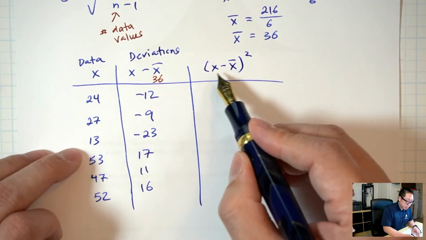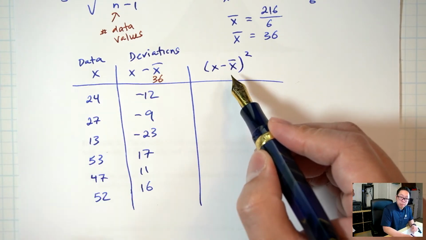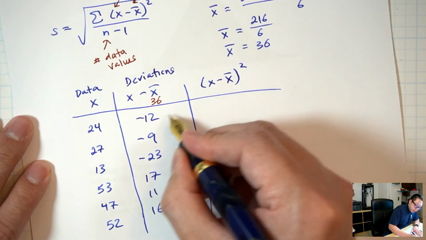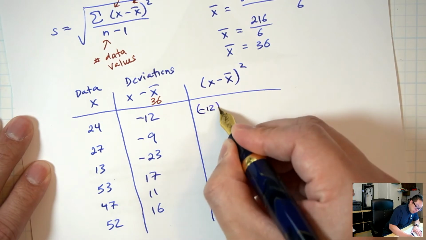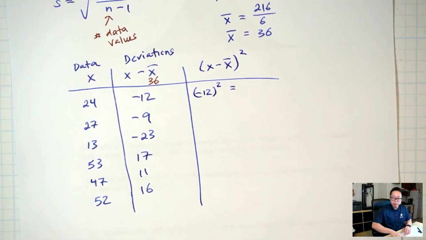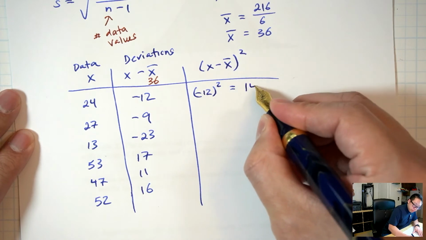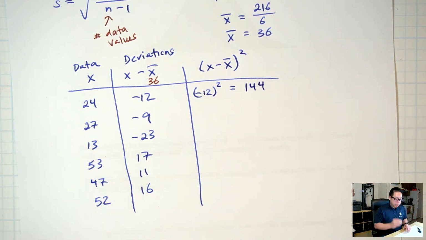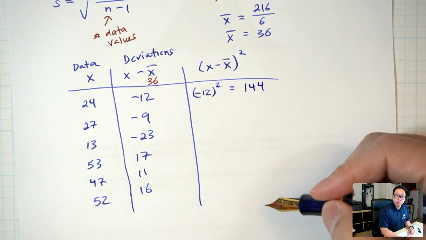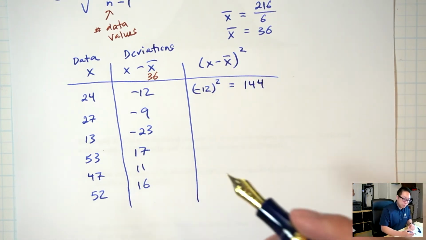In other words, take the deviations and square them. So negative 12 squared, that's negative 12 times negative 12, positive 144. And you're always going to get positive. Remember, that's the idea of squaring it, was to get rid of these negatives, right?